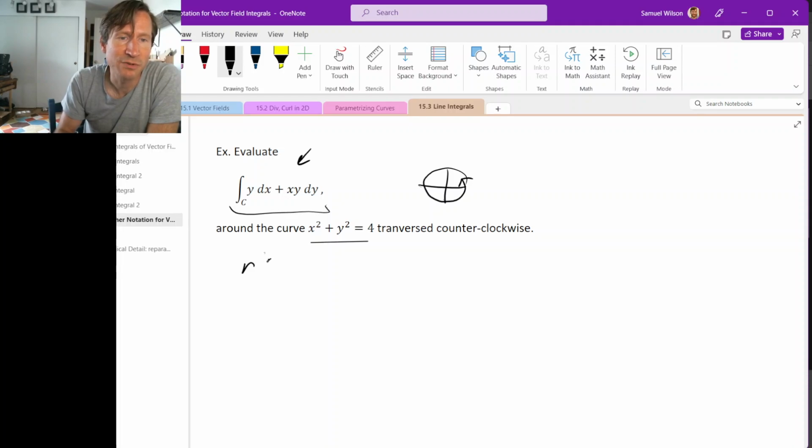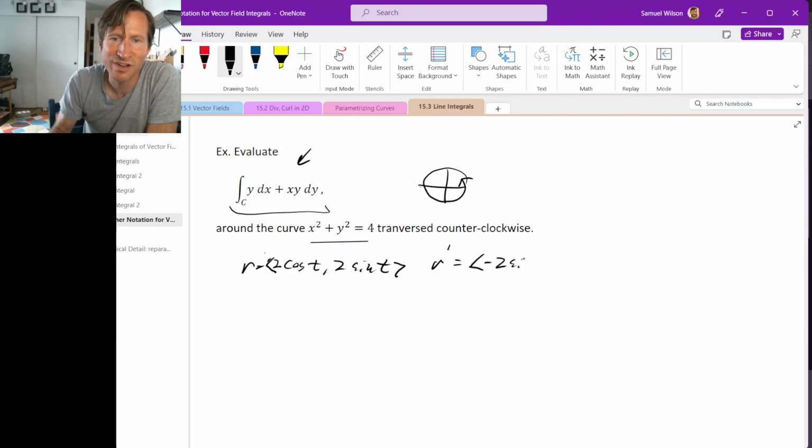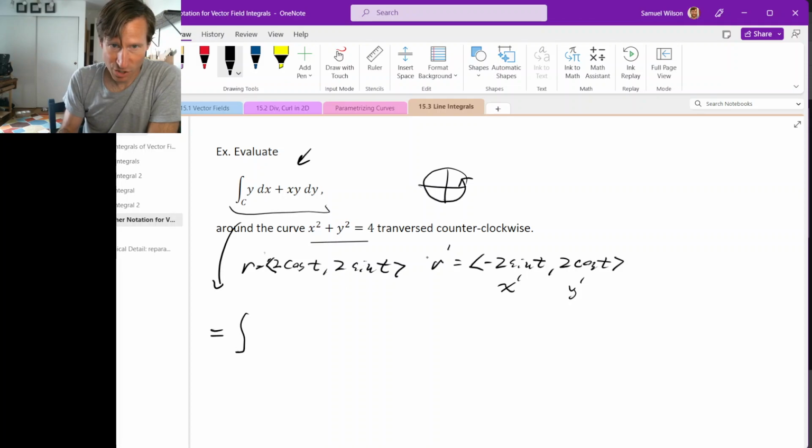So for our parameterization, we're parameterizing a circle with radius 2, so let's use 2 cosine t, comma 2 sine t. So r prime is going to be minus 2 sine t, comma 2 cosine t. And remember, we wrote this down because we need x prime and y prime. To go once around the circle, we need to go from 0 to 2 pi.